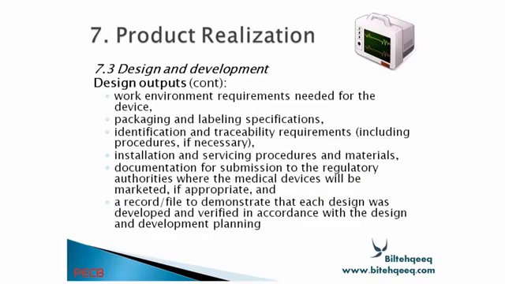Design output also includes work environment requirements needed for the device, packing and labeling specification, identification and traceability requirements, including procedure if necessary, installation and servicing procedures, and material fields documentation for submissions to the regulatory authorities where the medical devices will be manufactured.